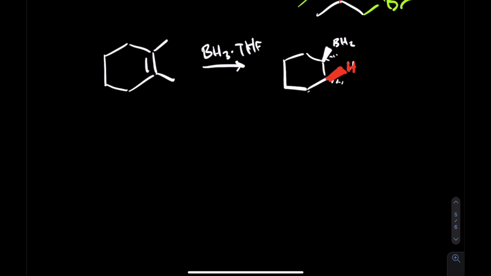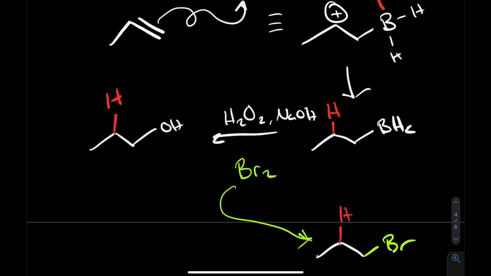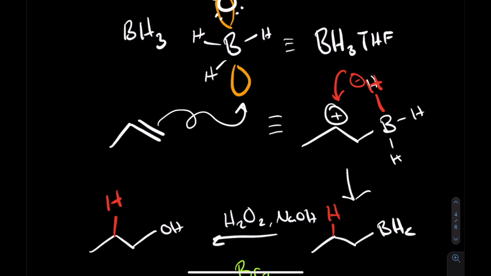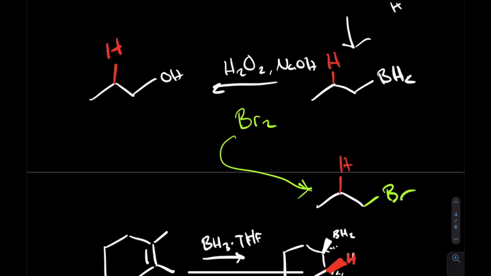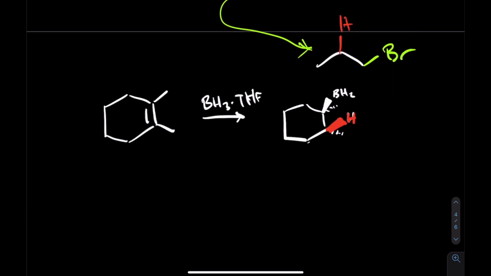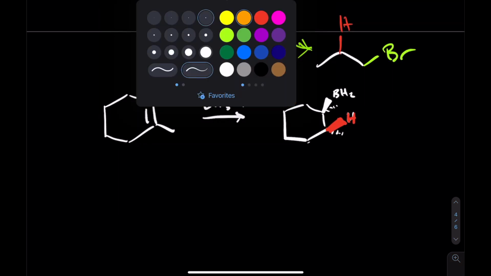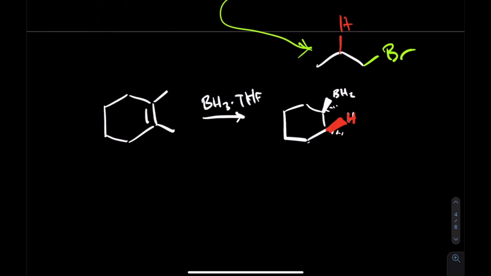So what would be a better way to illustrate this mechanistically than what I've illustrated up here? There's nothing wrong with what I've drawn up here. You'll see this oftentimes done in textbooks, but maybe there's something a little bit better. Instead of pretending that you have a flat surface, let's go into three dimensions again.